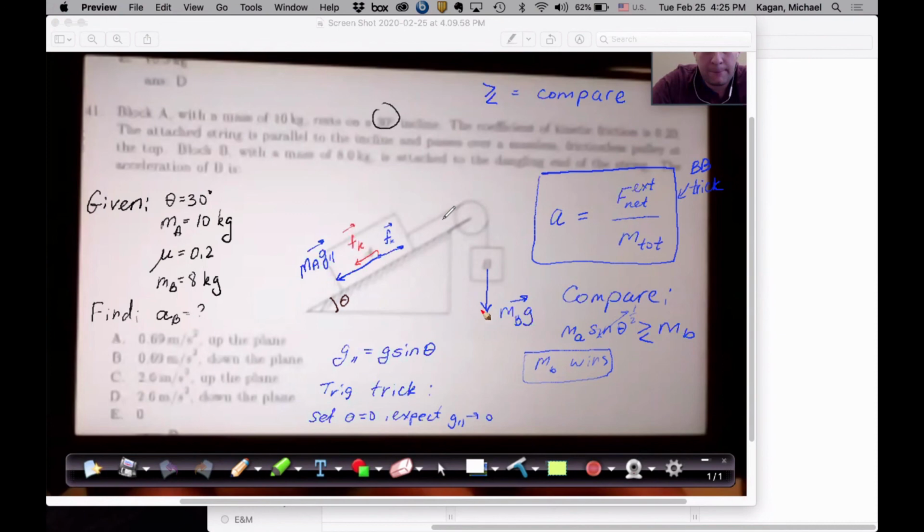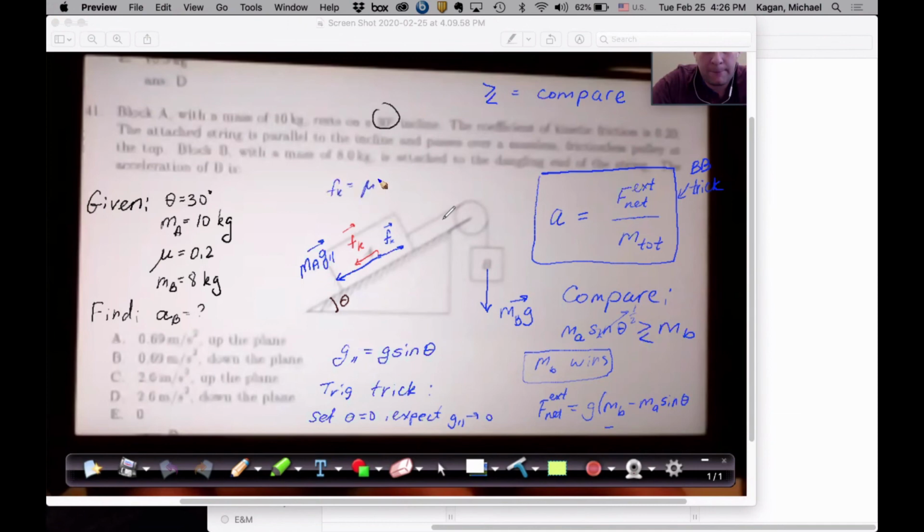Okay, then things are pretty straightforward from here. So what you need to do is write F net external equals G times MB minus MA sine theta minus friction, which is, yeah, what is friction here?